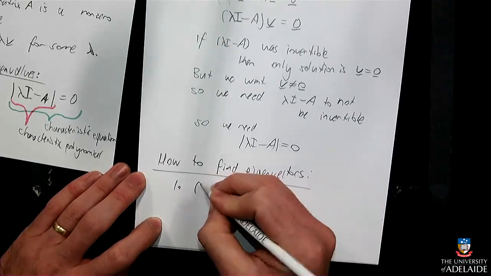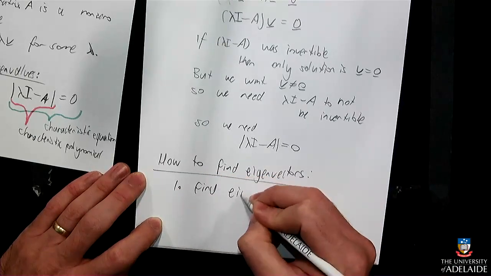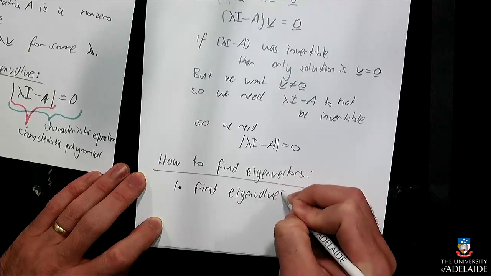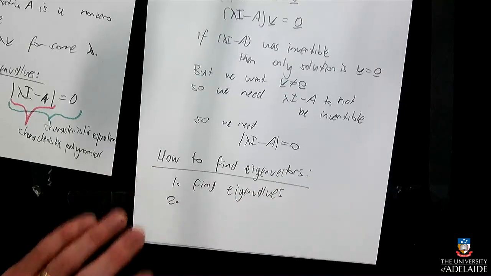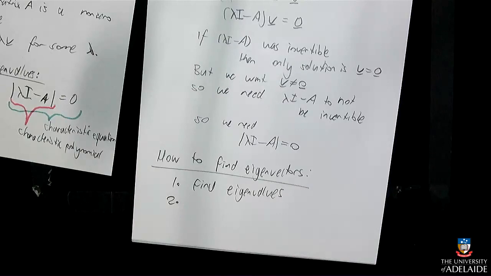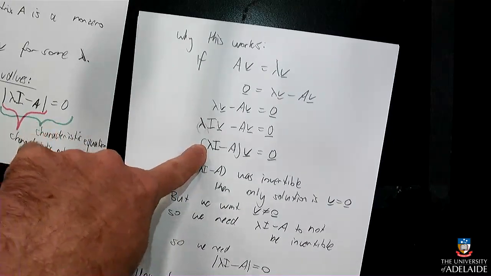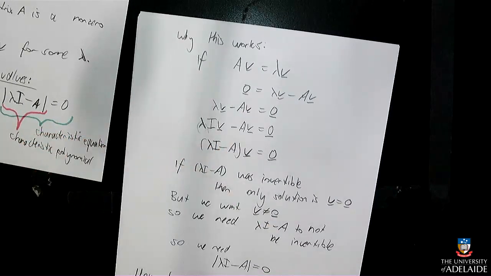So first, find the eigenvalues. And then second, for each eigenvalue, go back to this equation and sub in the eigenvalue and solve that.